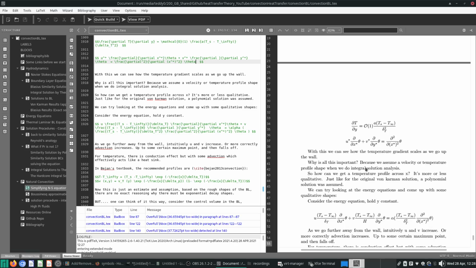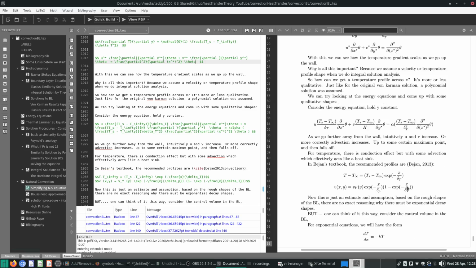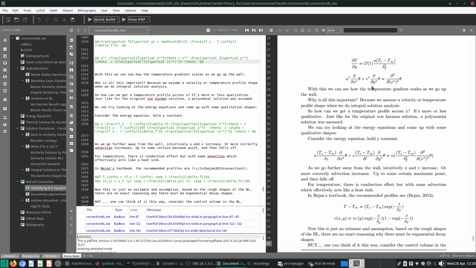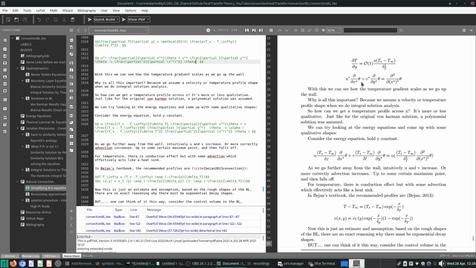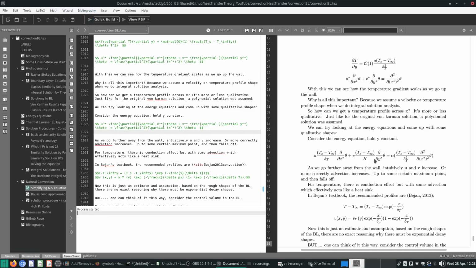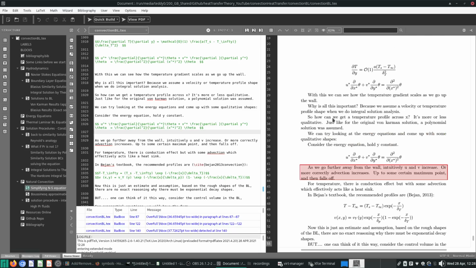Now, how do you actually deduce a temperature profile from this? We'll have to hold y constant, because we are looking at the temperature profile across the x-axis. Just ignore all of this, it was the stuff I was talking about earlier.